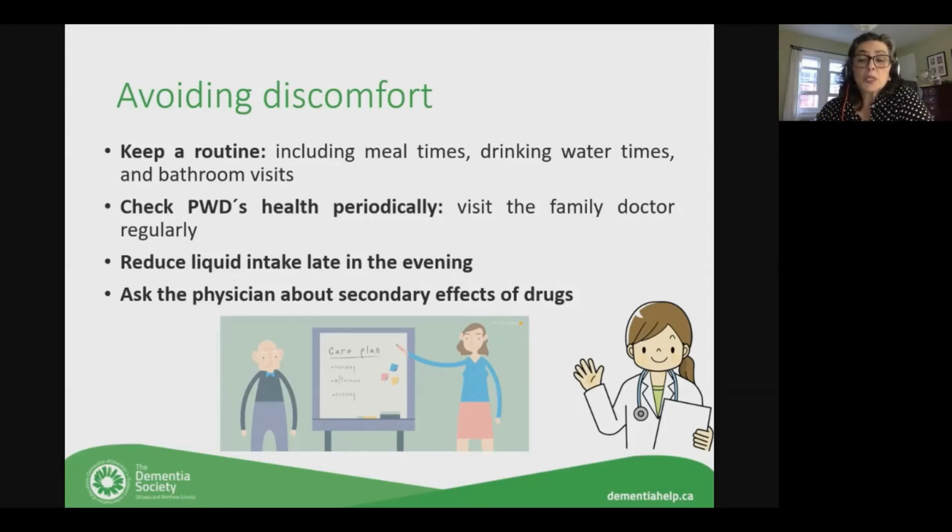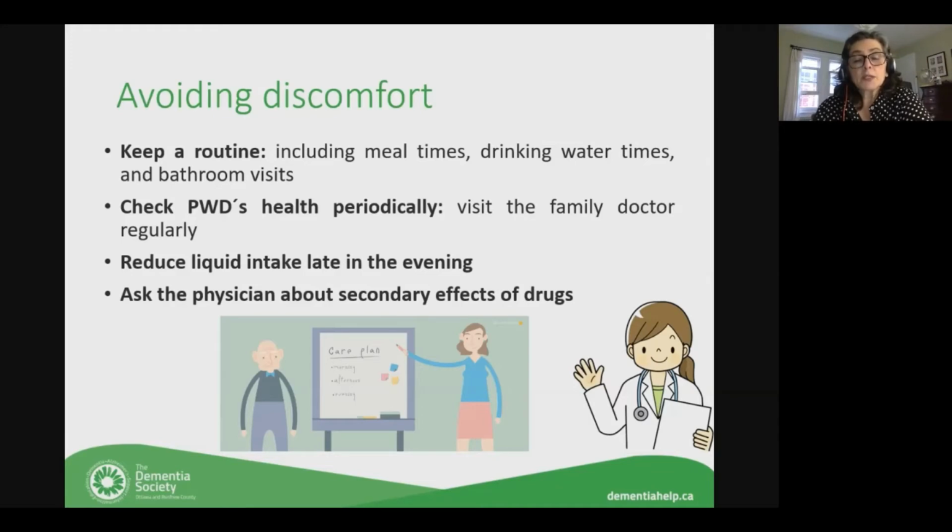So keeping a routine, knowing that meal times are at certain times of day, drinking sufficient amounts of water, and having scheduled bathroom visits can all be ways in which we can foresee and forestall some of the behaviors that can arise from unmet needs that are attributable to discomfort.